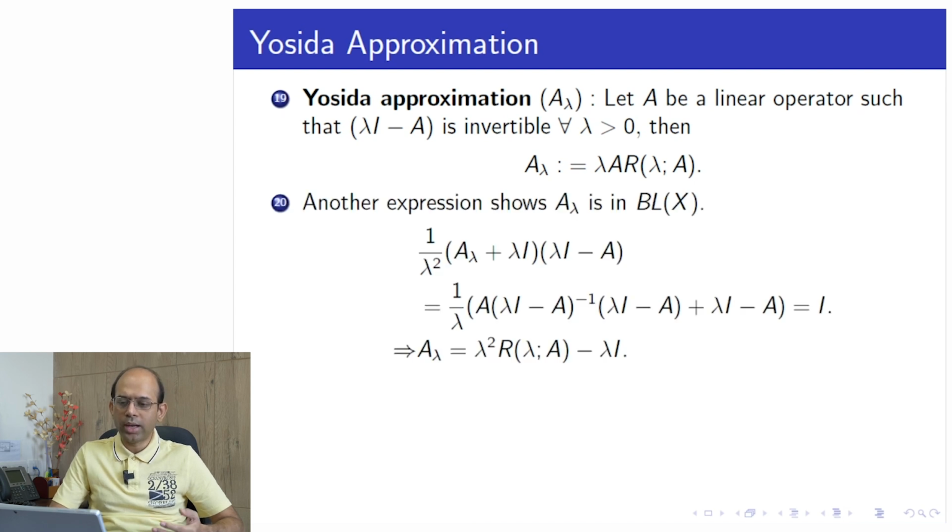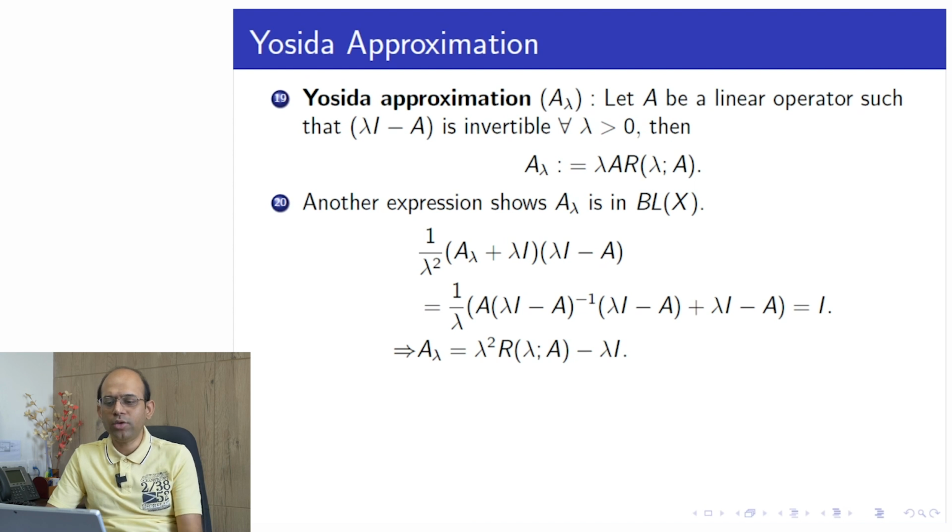So we derive another expression, which would show that A lambda is in BL(X). We consider the expression 1 over lambda square times (A lambda plus lambda I) times (lambda I minus A). This A lambda is the newly defined Yoshida approximation, and it already has lambda multiplied as a scalar.